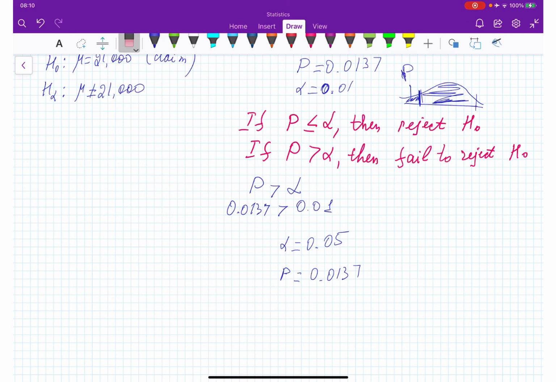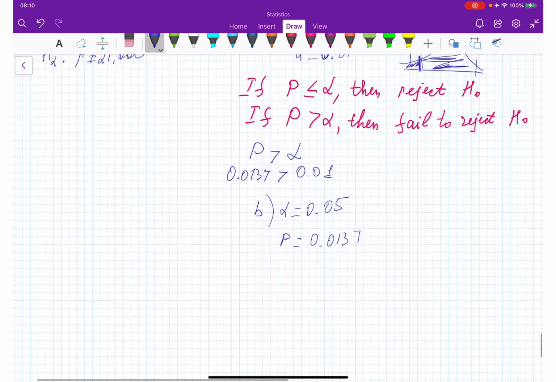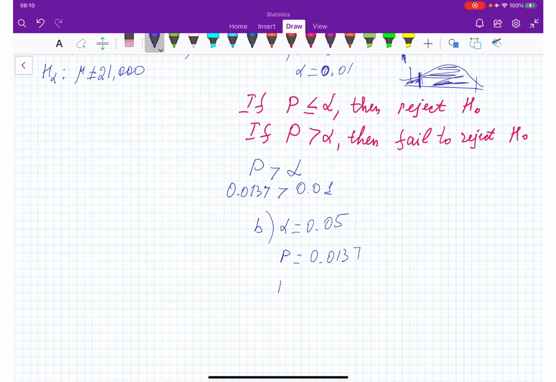This is case B, and the previous one is case A. In this case, my p-value is less than alpha, therefore we reject the null hypothesis. Here we failed to reject.